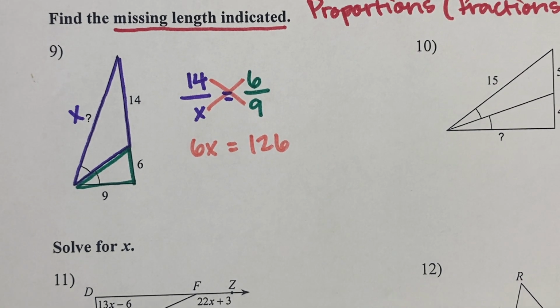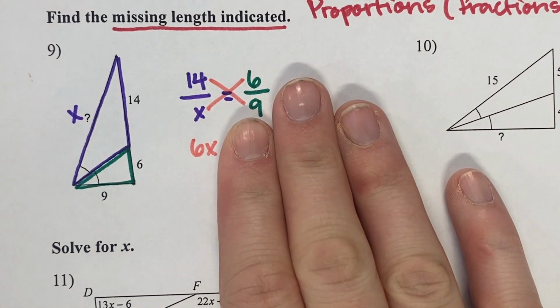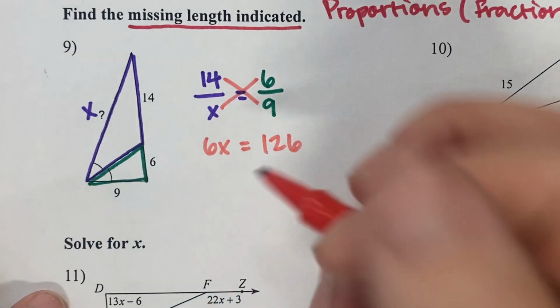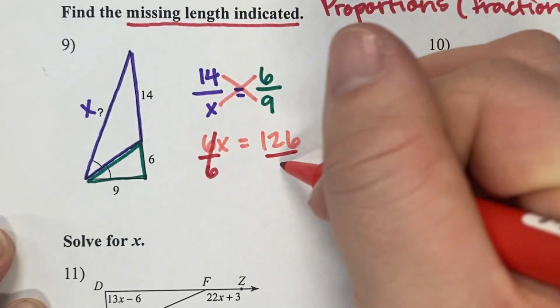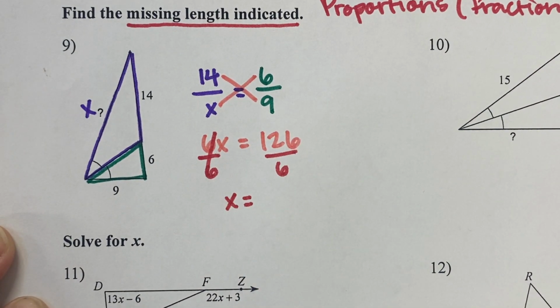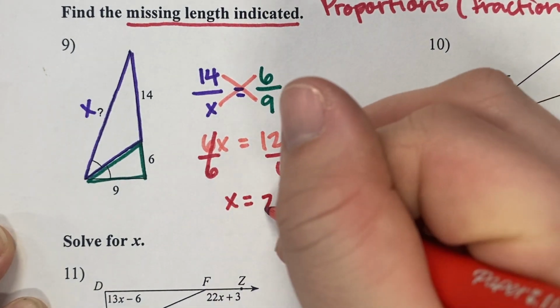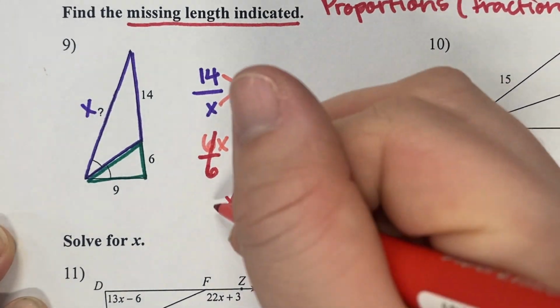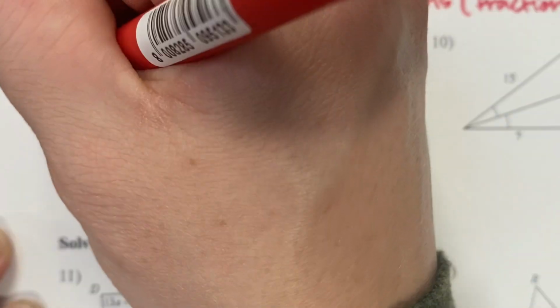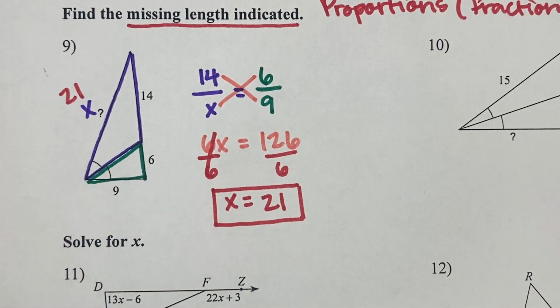Okay, so looking at my side with my x, there's only one thing I need to do to get it by itself, and that's the opposite of times by 6, which is to divide by 6. So I get x is equal to 126 divided by 6 is 21. So we found that that missing side or missing length of that triangle was 21. And there we go.